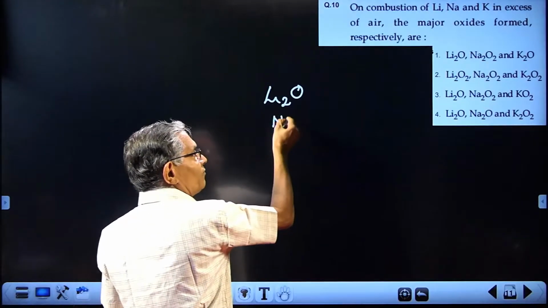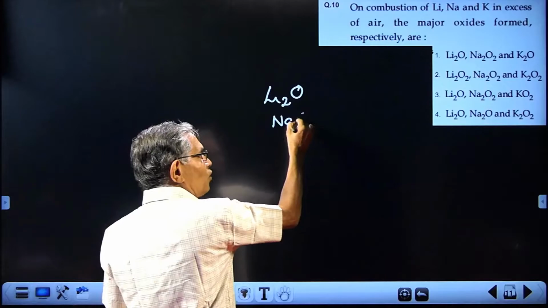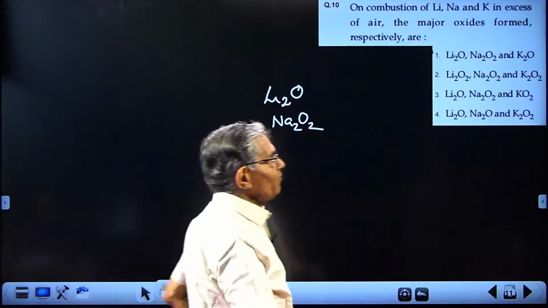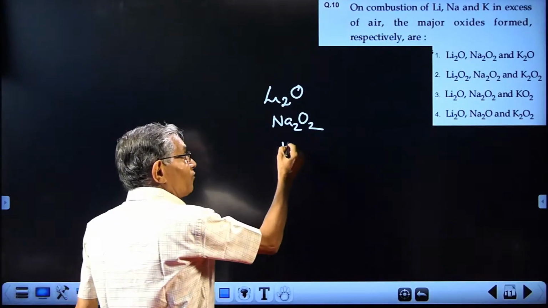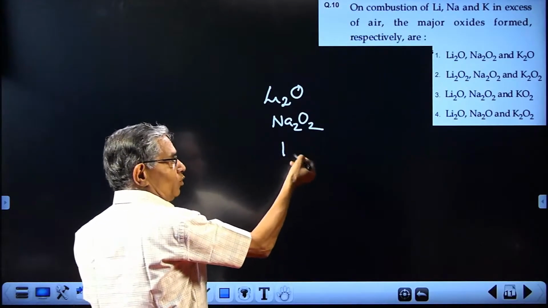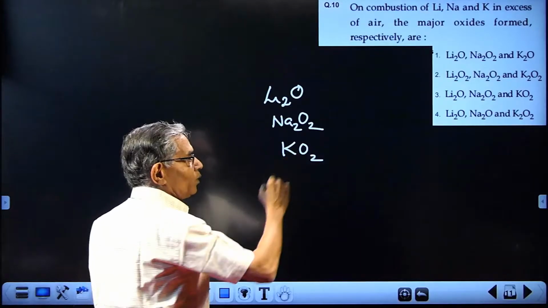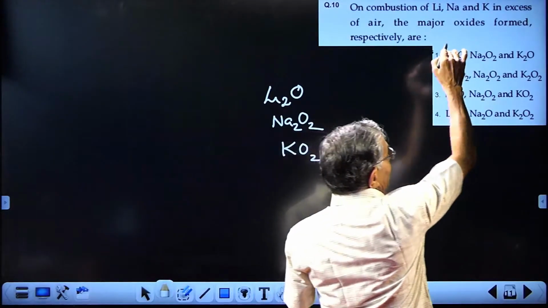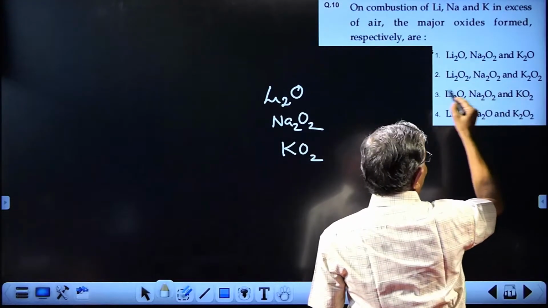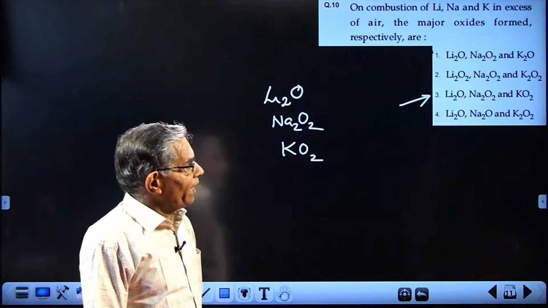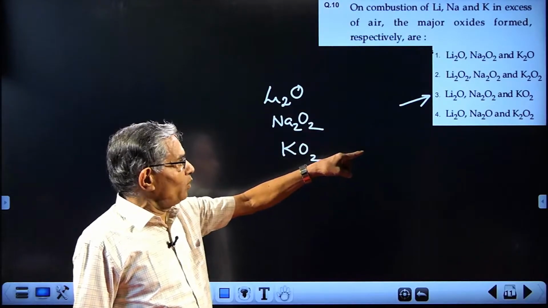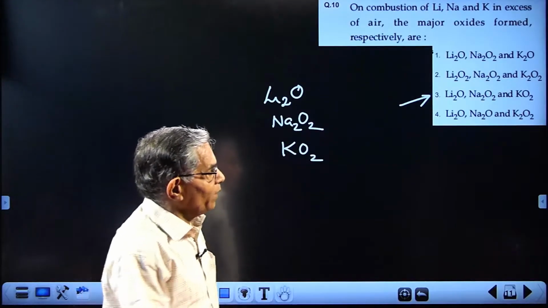Sodium forms the monoxide, but when oxygen is in excess, it will form peroxide. And potassium can form K2O, K2O2, but it can also form the next one, KO2. In the presence of excess oxygen, it can form KO2. So the answer you can opt is the third option, Li2O, Na2O2 and KO2.